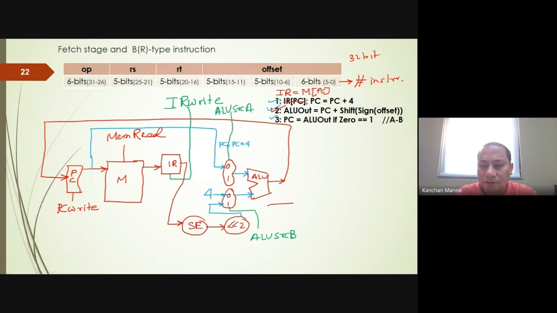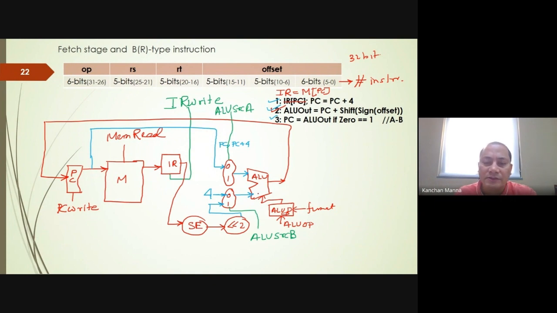This ALU control would be there when we have also calculated PC plus 4. So this is the ALU decoder. It will take the value from ALUOp, and also the funct field would come from the instruction, which we discussed for the R-type instruction.